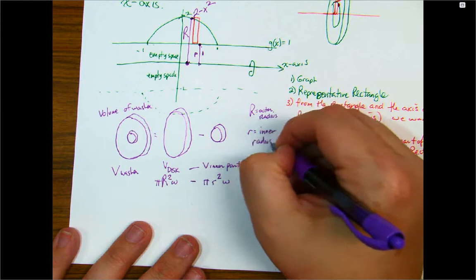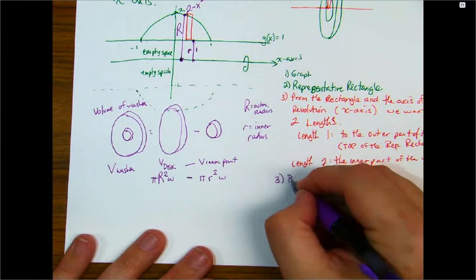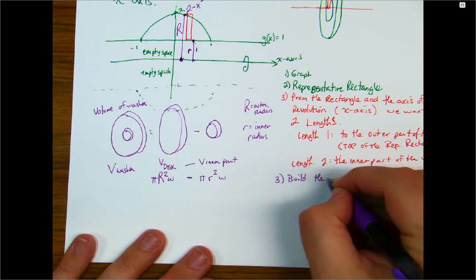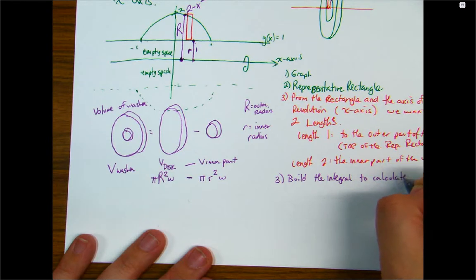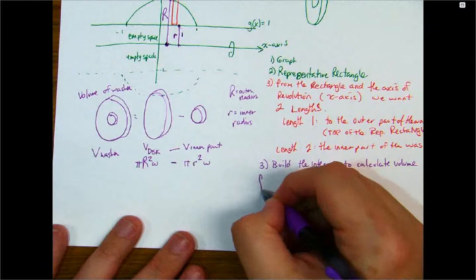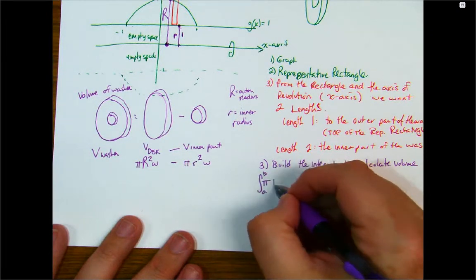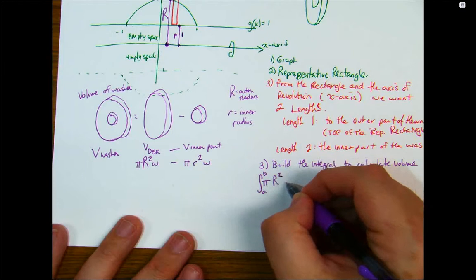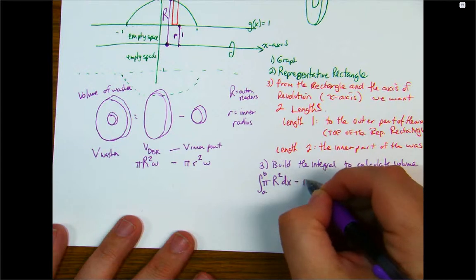So now step 3 is build the integral to calculate volume. Now the integral is going to be from a to b pi big R squared, and then we had a dx, minus pi little r squared dx.